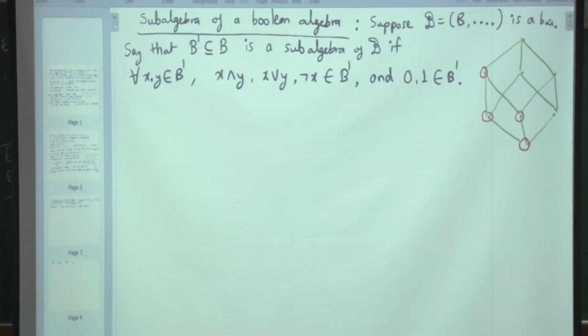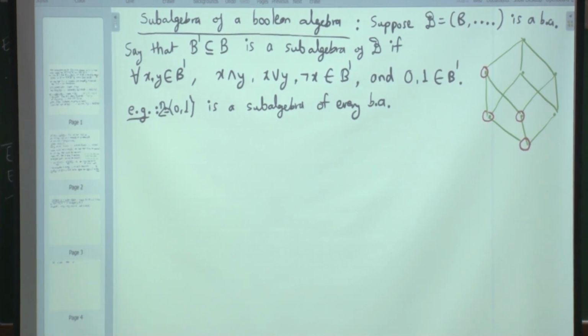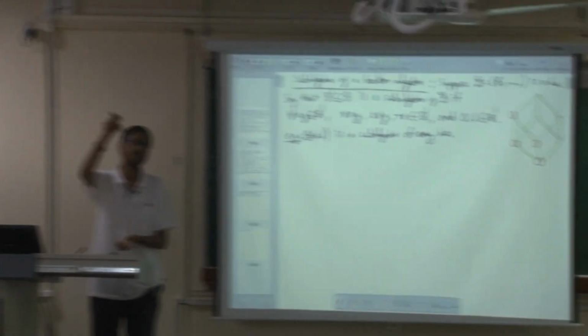Okay? So one such example always is that {0, 1}, we write it as 2, is a subalgebra of every Boolean algebra, correct? 0 and 1 of any Boolean algebra, they will always form a subalgebra.